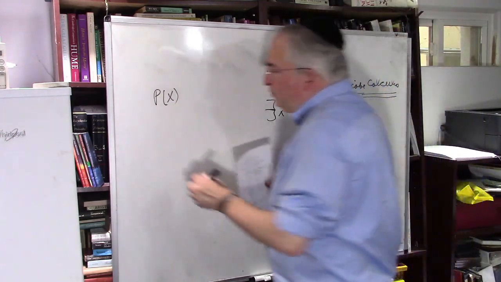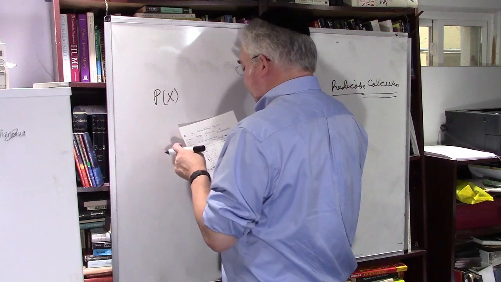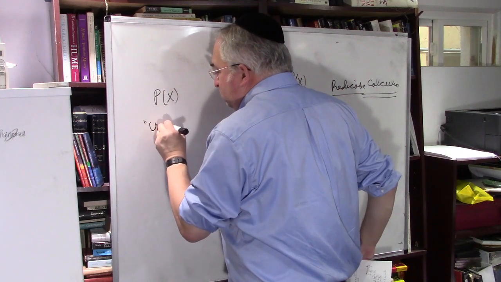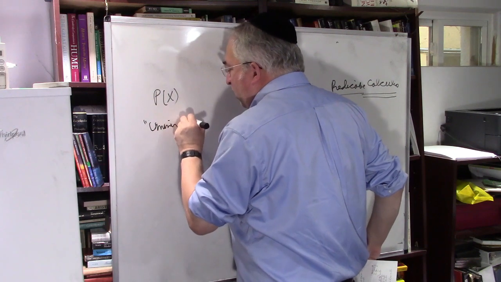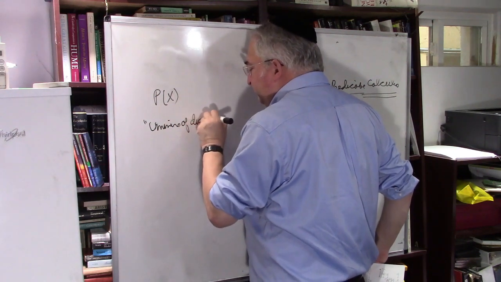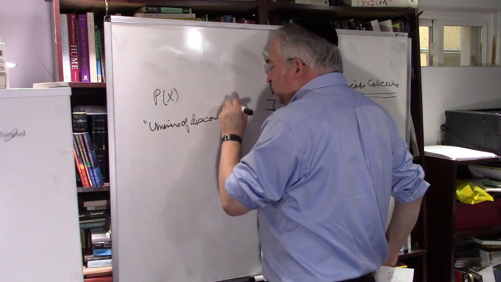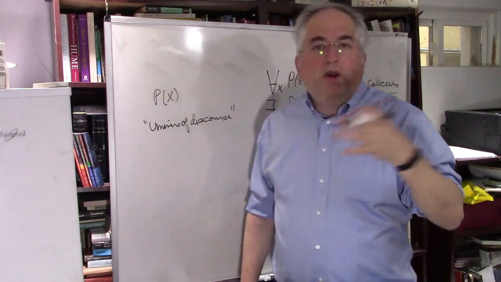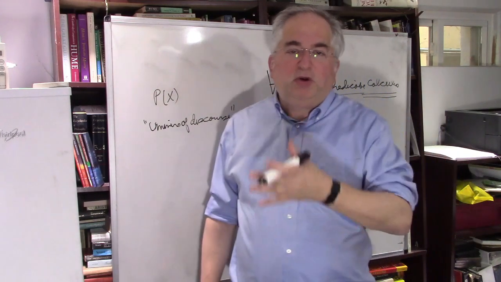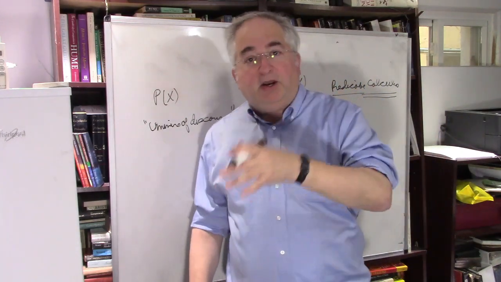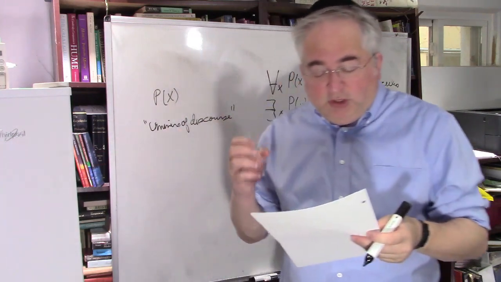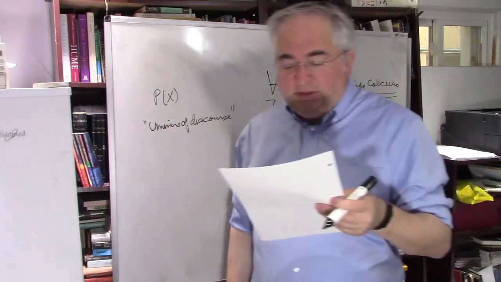We have to have what's called a universe of discourse. In some other books it's called a domain of discourse. In other words, what are we chatting about? Are we talking about people, things, numbers, real numbers, natural numbers, etc.?